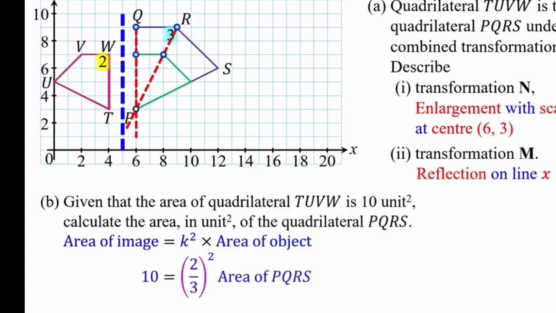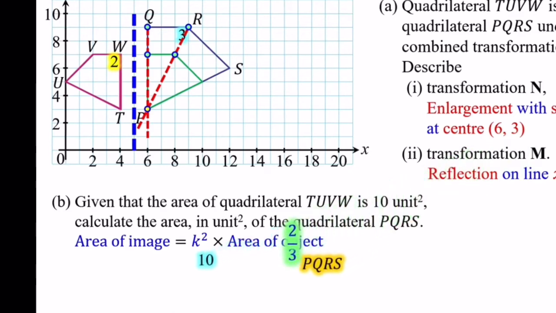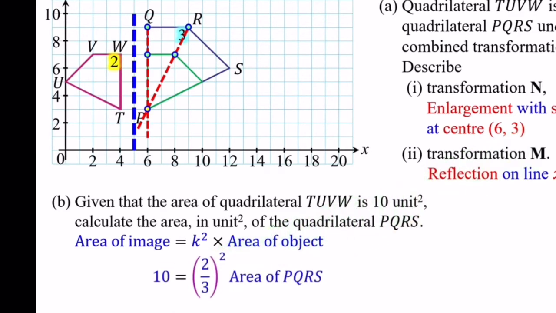Actually, we are not sure of the area of the object, so we can say that the area of the object is the area of PQRS, or you can say that it's x. So after you solve it, the area of PQRS should be bigger than 10. So the answer is 22.5 unit squared. That sounds like a logical answer, because when you do an enlargement with k less than 1, the image becomes smaller. Okay, so that is how you answer the combined transformation question.